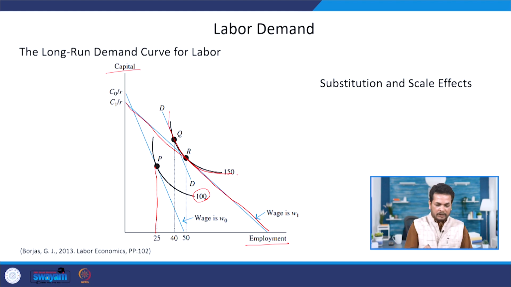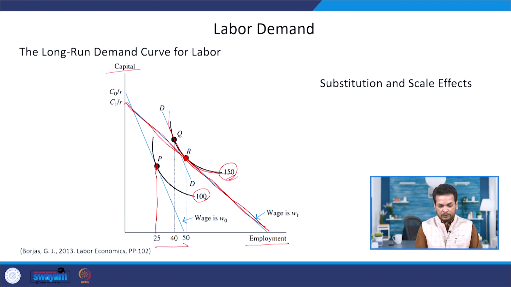To produce 150 units of output, the farm is operating at a new isocost line, and this new isocost line is tangent to this isoquant at point R. So, the farm has moved from point P to point R.